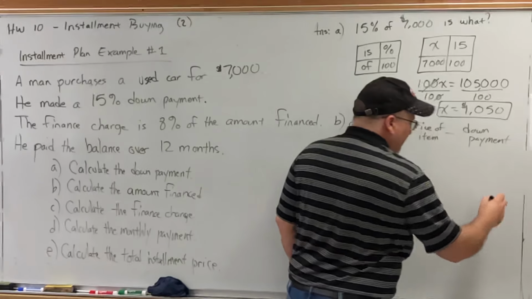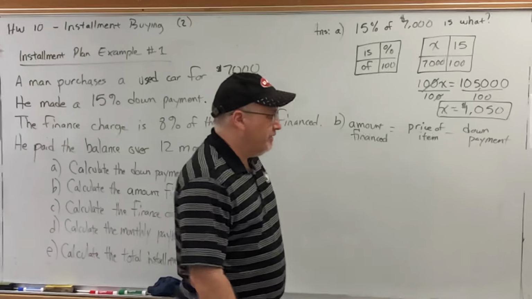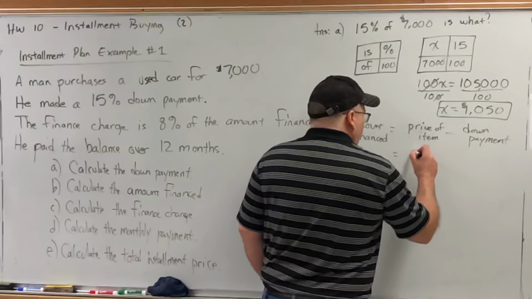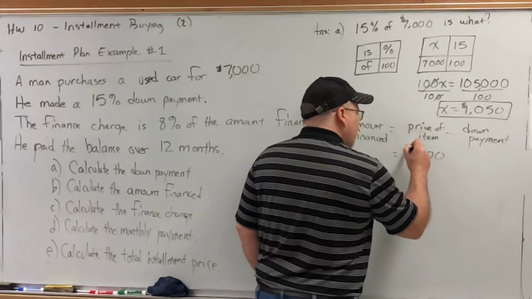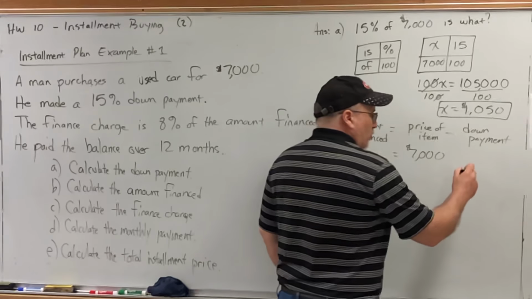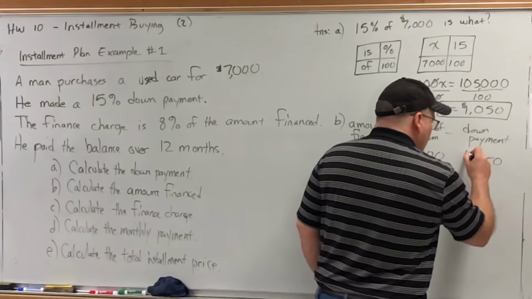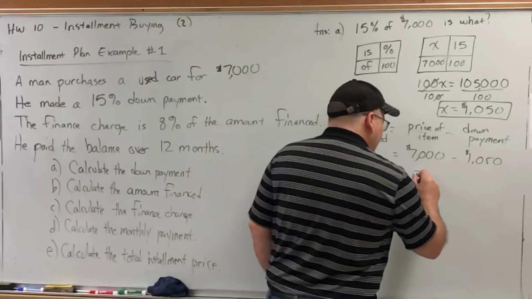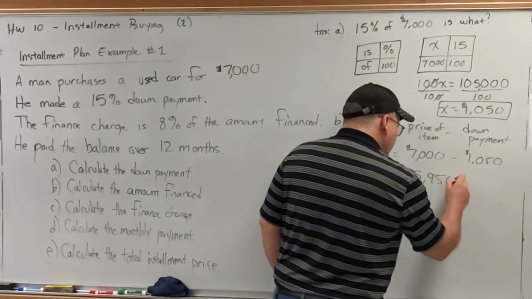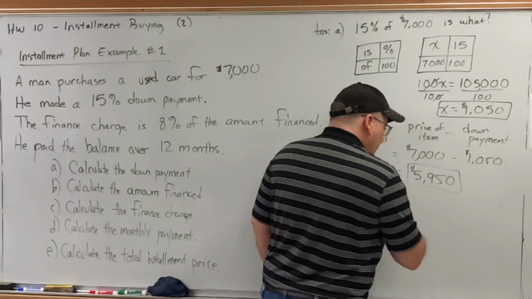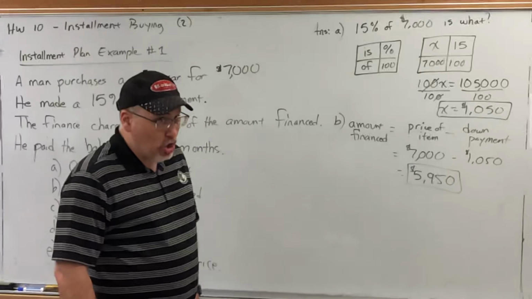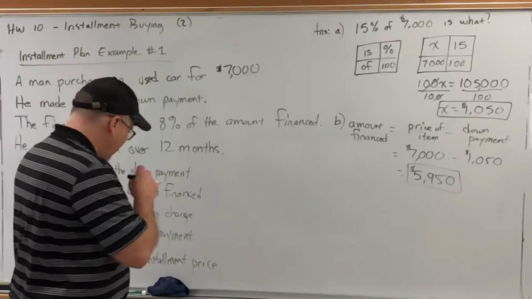Or equivalently, how much I still owe you for this item. The car cost $7,000 and the down payment was $1,050. So if we subtract those two, it looks like we'll get $5,950. That's the amount I'm going to have to finance. That's the amount that I still owe after the down payment.